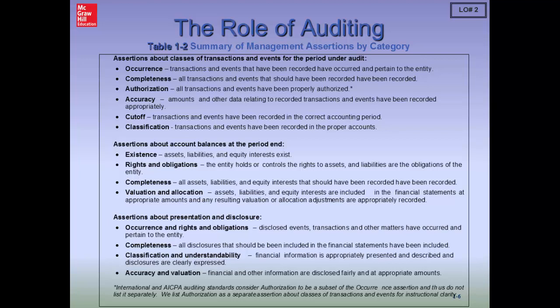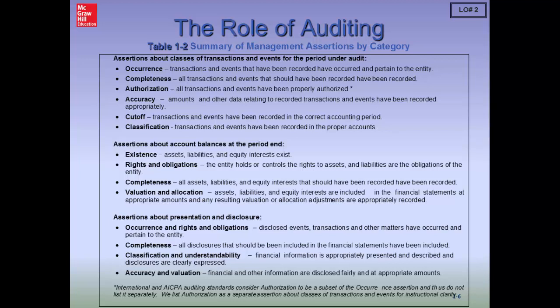The role of the auditor is looking at what management is doing. One of the critical things to understand is that management is responsible for the financial statements. Embedded in these financial statements are what we call management assertions. Now take a very close look at these management assertions. We're going to continue these throughout the course. It's very important to understand that what we're looking at is what management is saying.